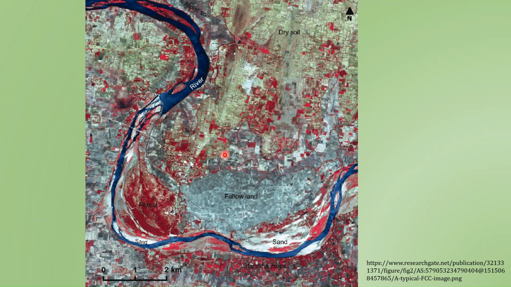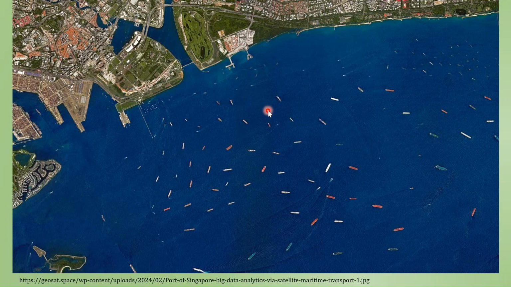Similarly, in this false color composite, the association of this white patch along the river may be attributed to sand deposition or sediment deposition along the path of the river. Similarly, in this image, these objects are ships, and they can be identified on the basis of their association with the water and the coastal area.